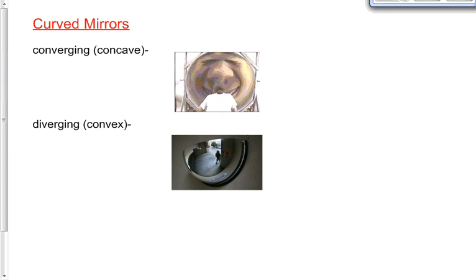Now, depending upon where you're standing, the characteristics of the image that you're going to get are going to look a little bit different. In this case, the guy is standing really, really close to this concave or converging mirror. That's going to produce an image that you can see here quite clearly is bigger. The guy's face is massive in this. Instead of being the same size like it was in the last ray diagram we drew, the characteristic would be that it's bigger.